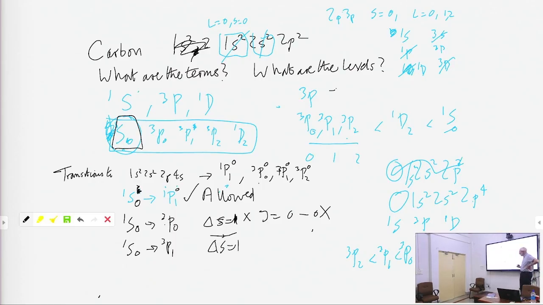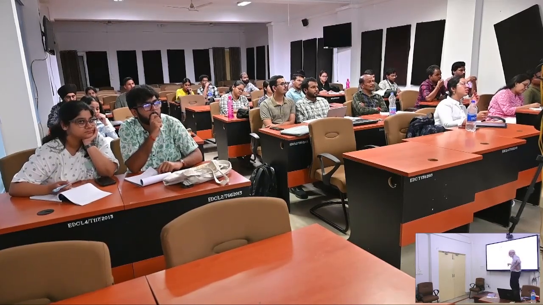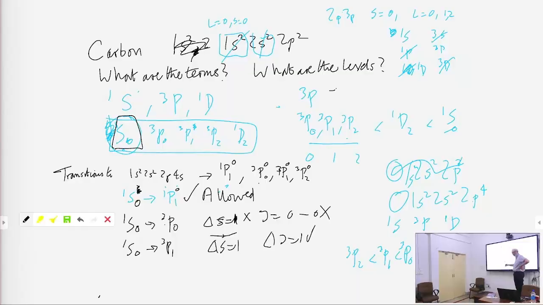J goes from 0 to 1. So delta J is also 1. So that's possible. Okay. So this is actually an intercombination line. That's a weakly forbidden transition.